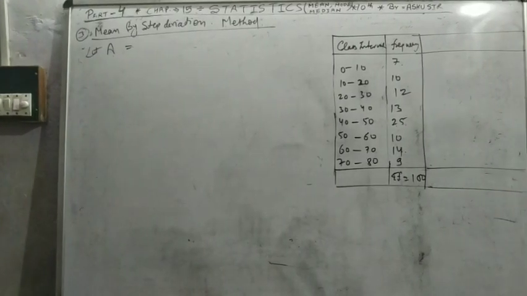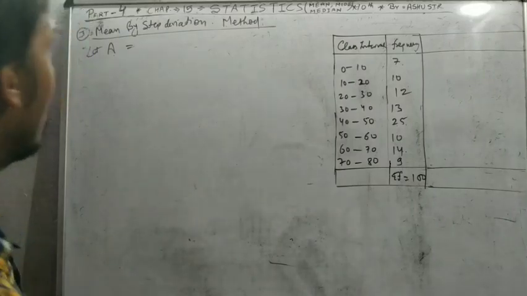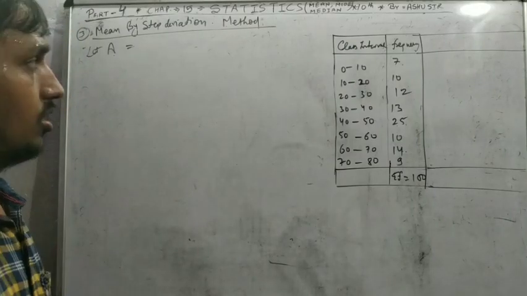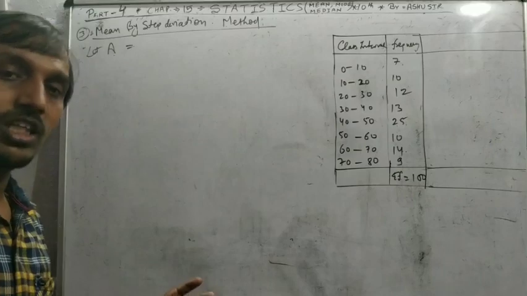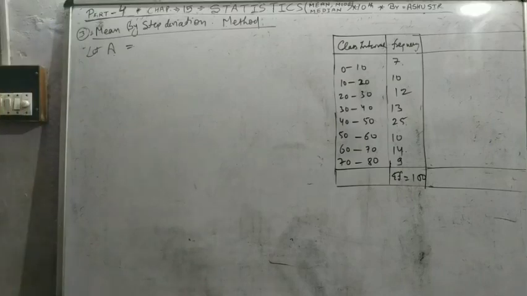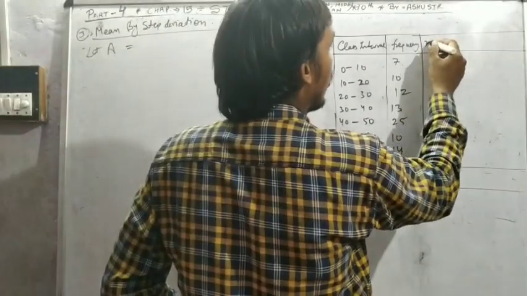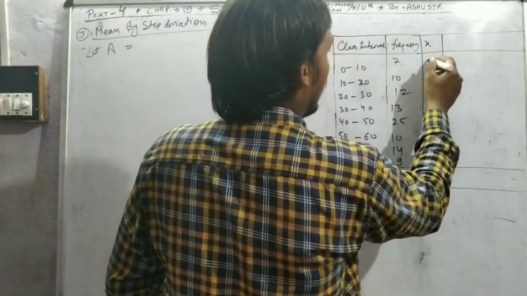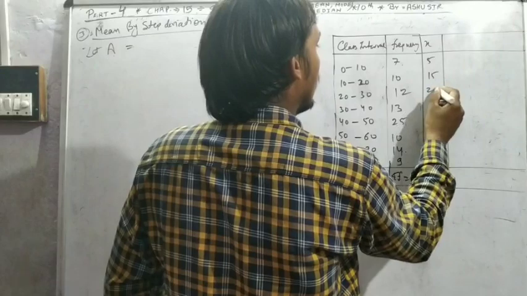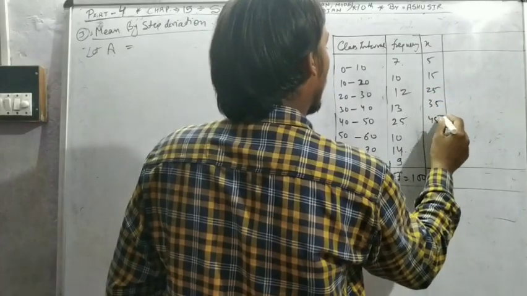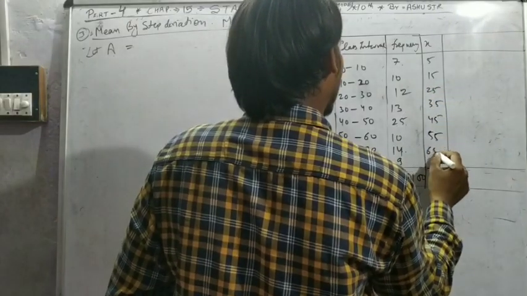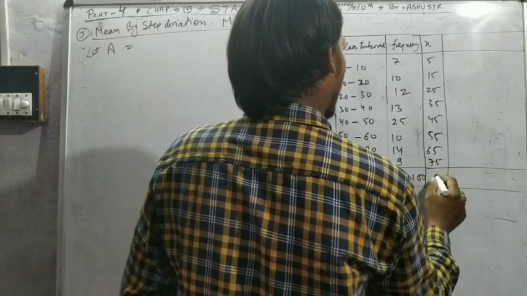Explaining the third method to find the mean, the step deviation method. This year this method is skipped from your syllabus, but we explain the concept. A is the same. First you find the value of x: 5, 15, 25, 35, 45, 55, 65, 75.